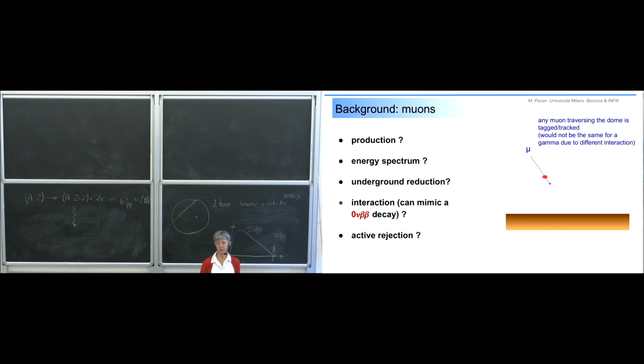Okay, so muons are more or less the easy part of the problem. Not always easy, but in any case, at least you know them quite well. But it's not easy, on the other hand, to study metastable atoms that are produced by them.